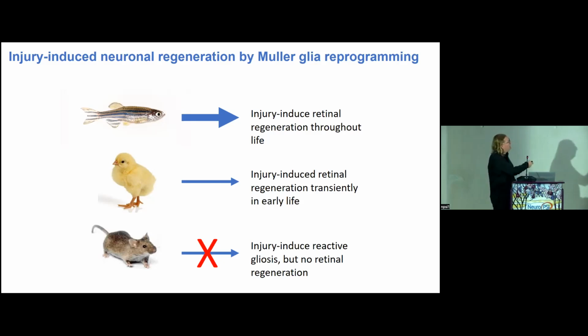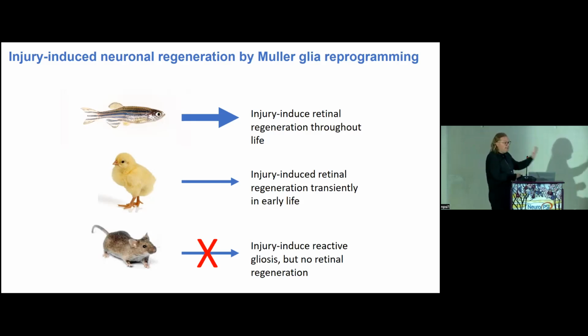So in the zebrafish, if you kill the photoreceptors with bright light, or you kill the inner retinal neurons with NMDA excitotoxicity, the glia will reprogram within a couple hours to a neurogenic state. They'll start proliferating within about 48 hours. And then over the course of days to weeks, all of the lost cells of the retina are regenerated. And this can happen again and again, up to half a dozen times before there's any obvious defect.